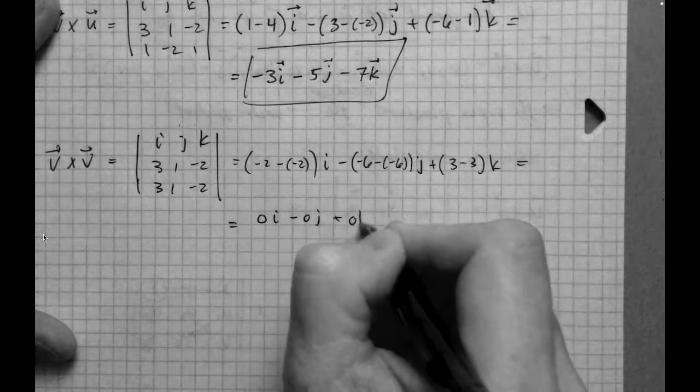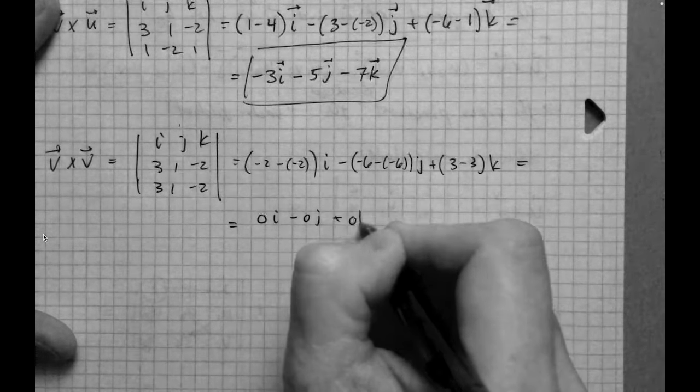And so this is kind of like, shows you that it's not commutative, right? Cross product is not a commutative operation. The dot product is, and regular multiplication is, but the cross product is not. Okay, what about this?